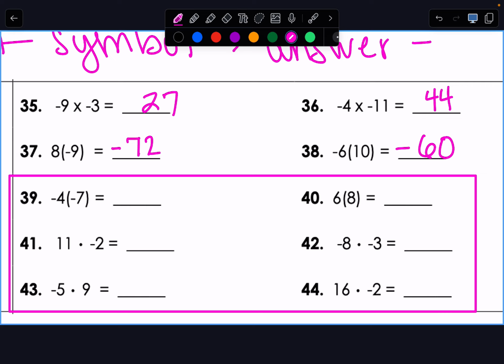Okay, so I haven't heard any noise, so I'm assuming we have not checked with our table to compare answers.